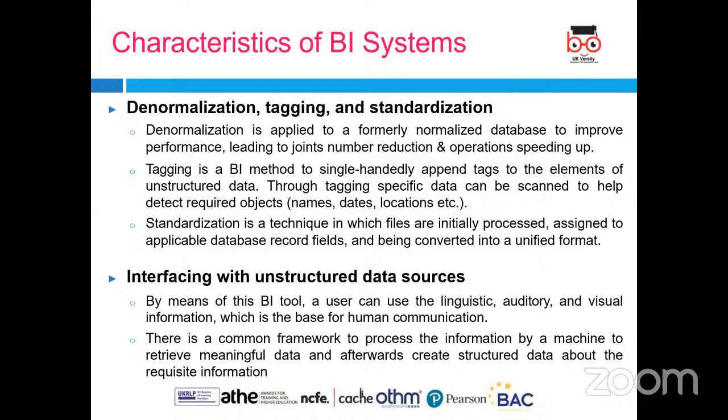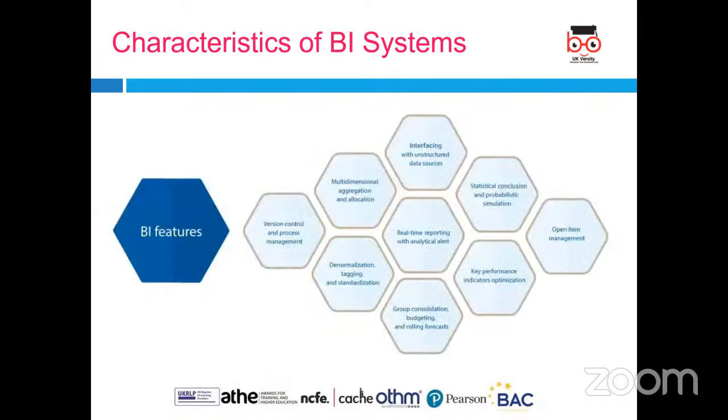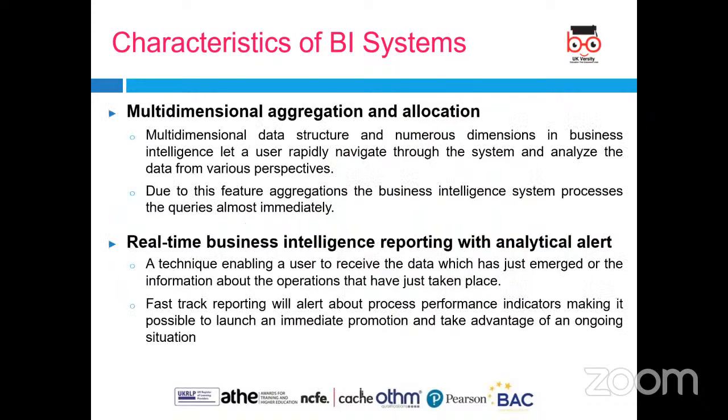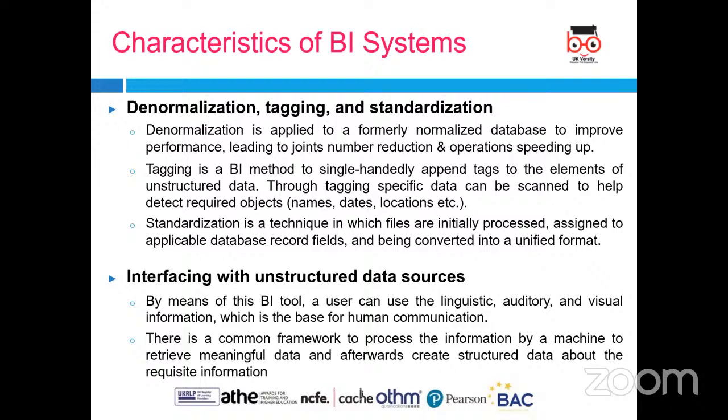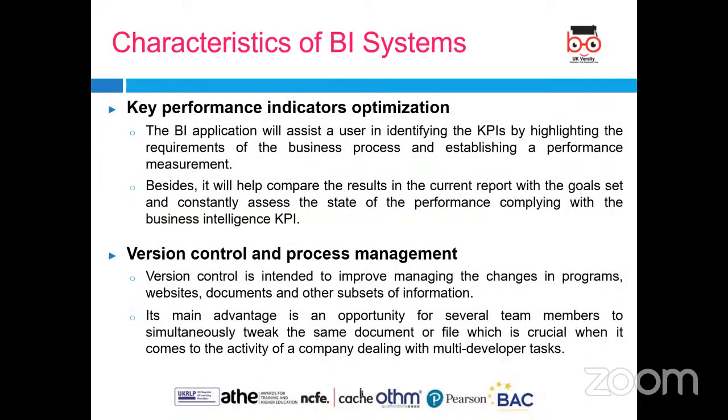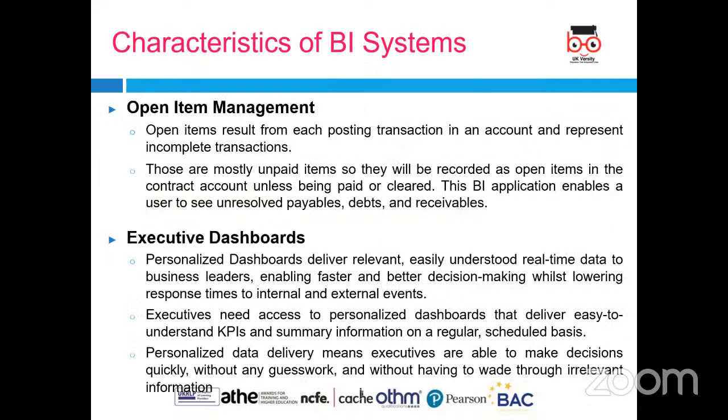While standardization is the technique in which files are initially processed, assigned to application database record fields, and converted into a unique format. So there are various benefits and various characteristics of business intelligence, which a company can benefit from using.